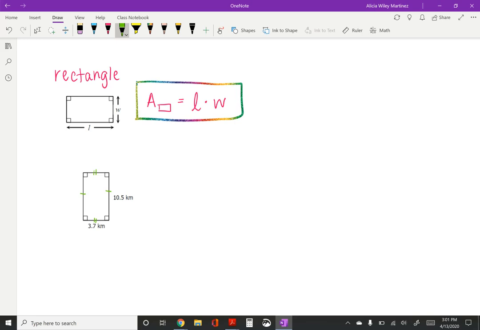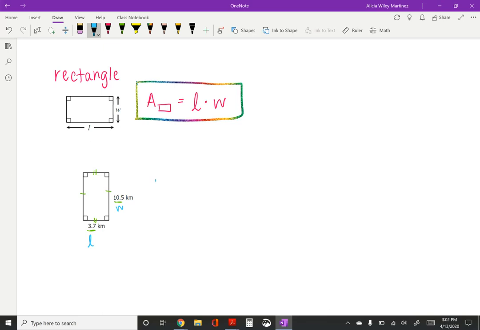So we don't need to label all four sides. With the rectangle, all you need is a length and a width. So this length is 3.7, and this side is going to be the width, 10.5.